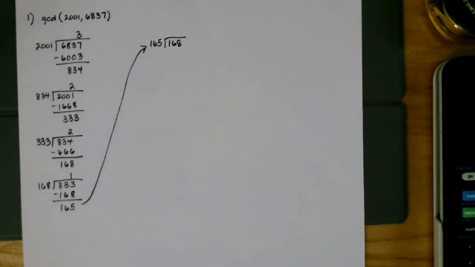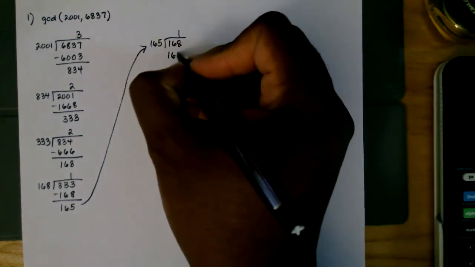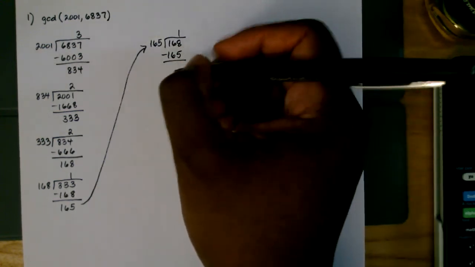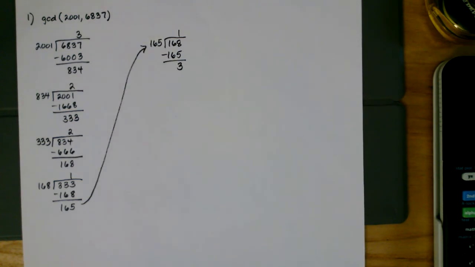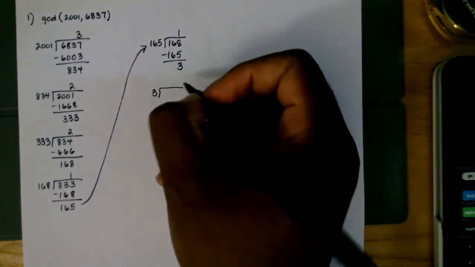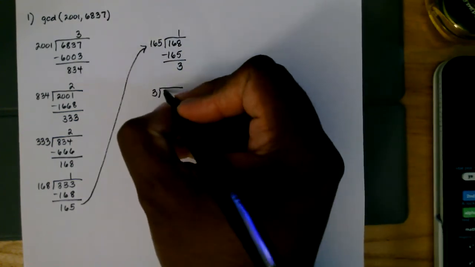Okay, so now divide 165 into 168. That goes one time. So 1 times 165 is 165. Subtract that from the 168, you'll get 3. The remainder is still not 0. So I'm going to take that 3, which is the remainder. That would be the new divisor, divided into the previous divisor, which is 165.